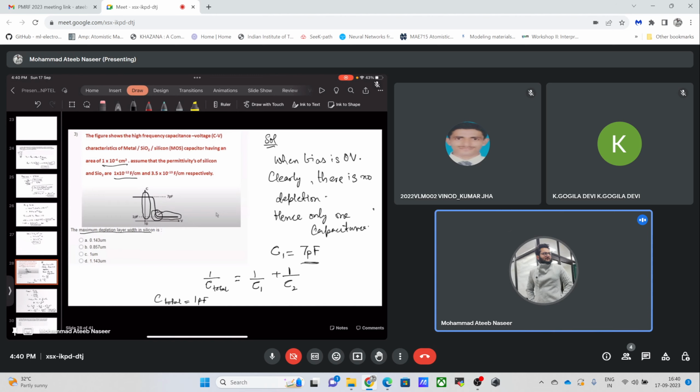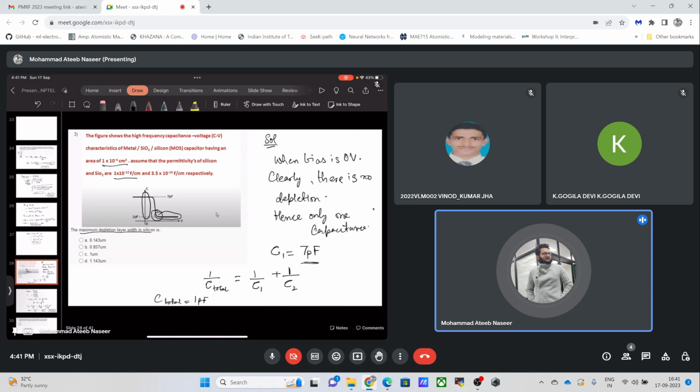The AC signal applied in this case is a high frequency AC signal, and as a result we won't be having enough recombination and generation of the minority carriers. As a result of this we will be having this pinning of the capacitance value to the depletion capacitance itself.